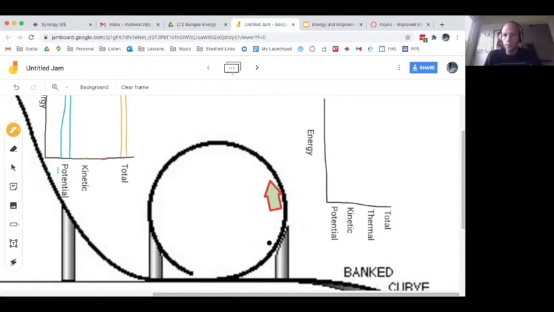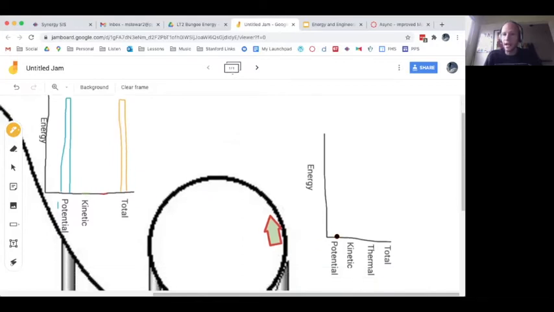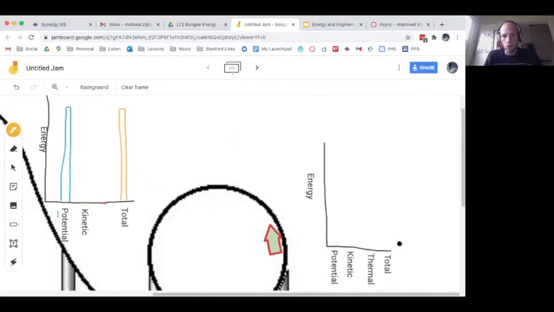The first rule is that the total amount of energy from this first location to the second location has to stay the same. So I'm going to draw my total energy bar first this time, and I'm going to make it the same height, just estimating, the same amount of energy as there was in the first location.